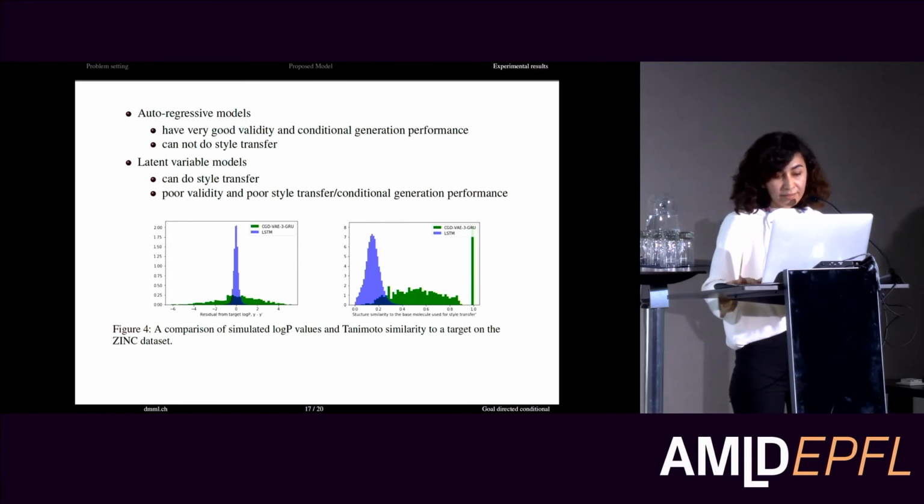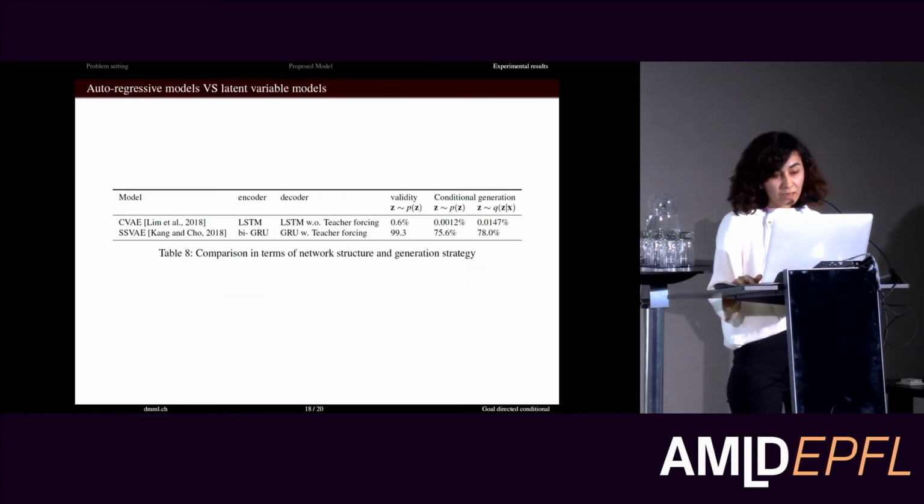And so we were investigating this. We also checked other existing models. They also claim they do conditional generation with VAEs. We exclude those models that do Bayesian optimization afterwards in latent space. So this is only 2. There are of course many, and those models have quite good, impressive conditional generation performance. But what we find out is that because the decoder again uses an autoregressive model with teacher forcing, it somehow went back to an autoregressive model.